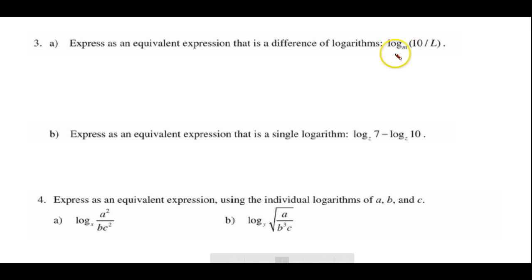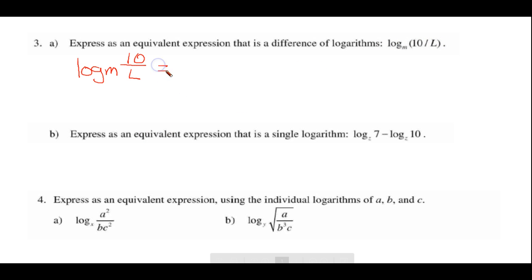Now, looking at example 3a, let me write this again, so I don't like the way this is written. So log base n, and then we have 10 divided by L. All right, now here, this is division. It just looks a little funny that way.